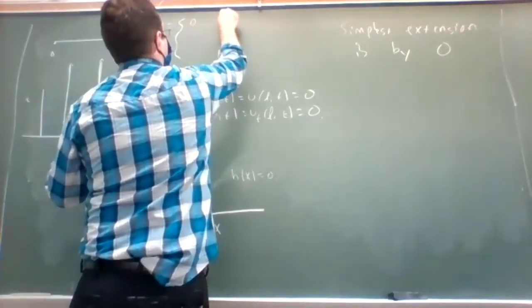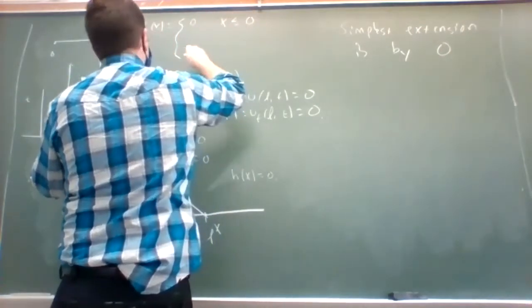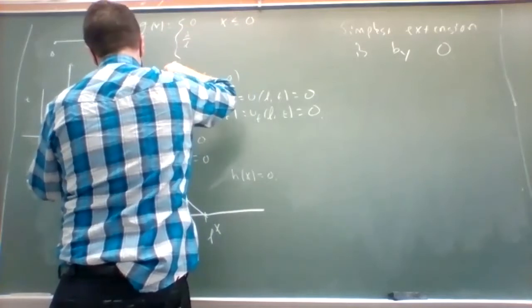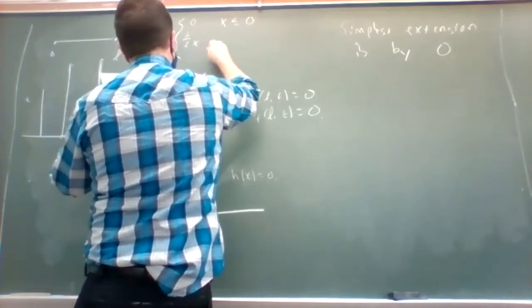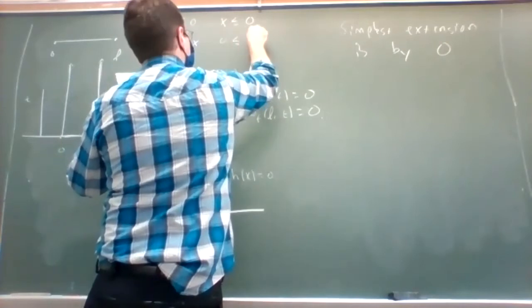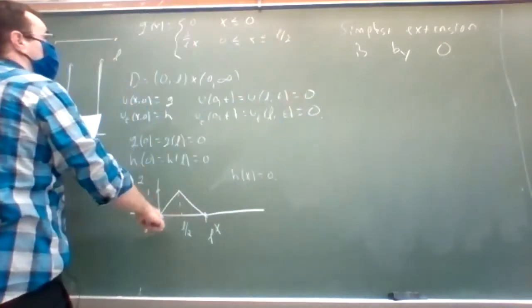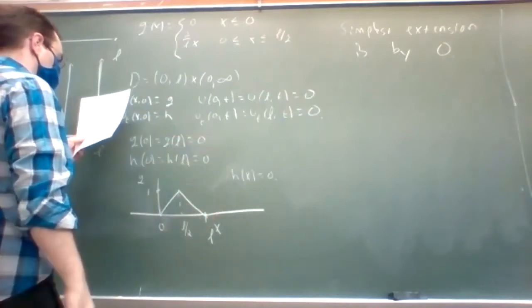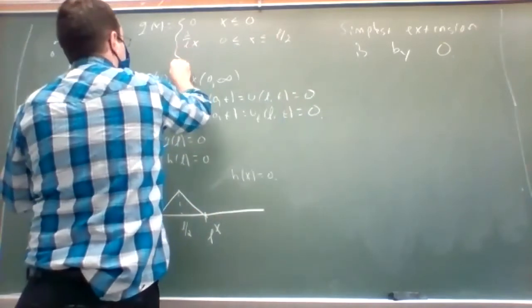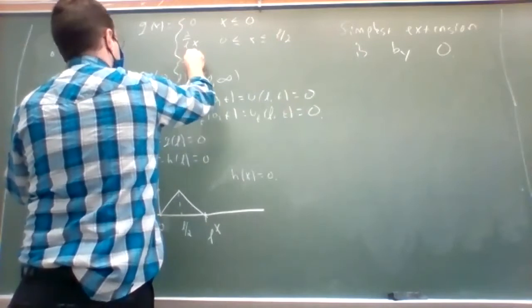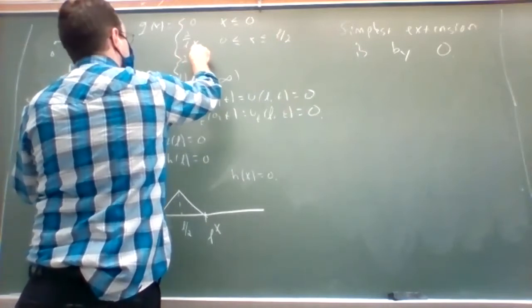It's 0 for x less than or equal to 0. It's 2 over L x as you're coming up, and then as you're going back, what would it have to be? Negative reciprocal slope starting from 2.